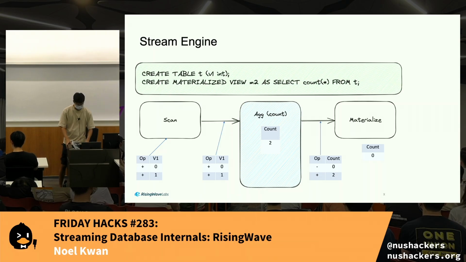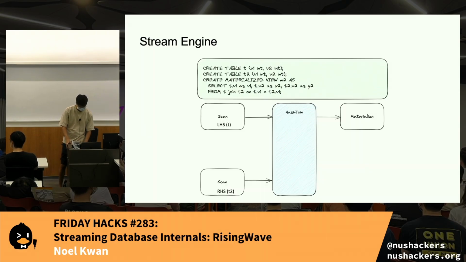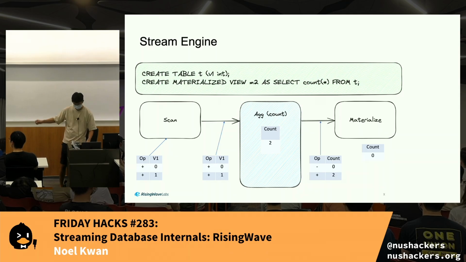After that, I guess I missed this slide, but basically you will remove 0 and then insert back 2. So the state of the materialized view should now be 2. You just propagate as per that, and that's how it works for stateful operators.